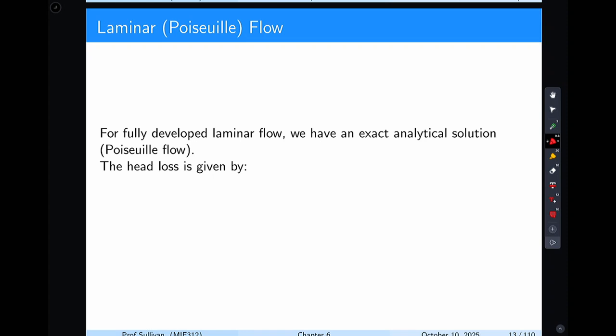So for fully developed laminar flow, your head losses can be solved for because we have a solution. You have an exact solution for Poiseuille flow, which is flow between two walls. If you solve through for all the terms and calculate what the pressure drop has to be, you end up with a term 32 mu L V over rho g D squared.